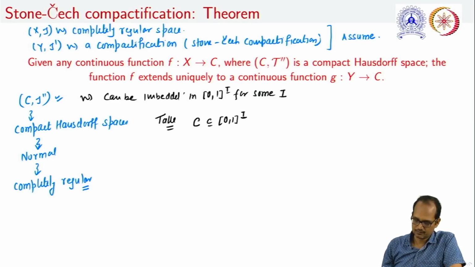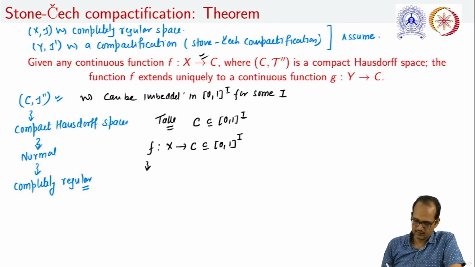Now note that this f is a function from X to C, and C, being completely regular, is a subset of the product of closed intervals.